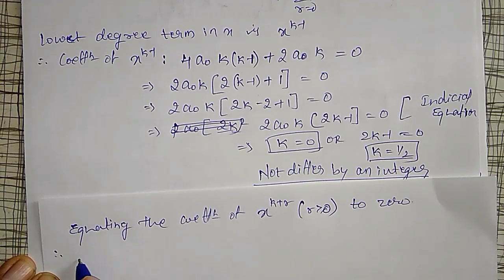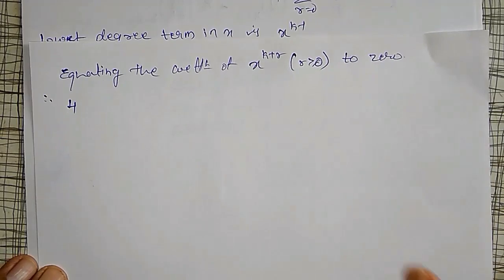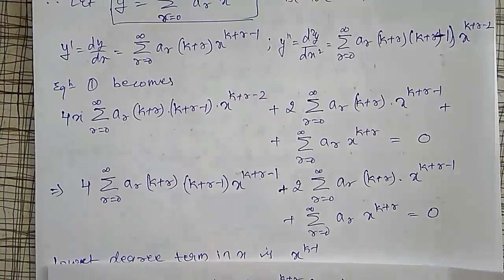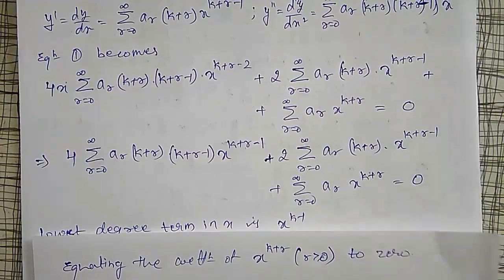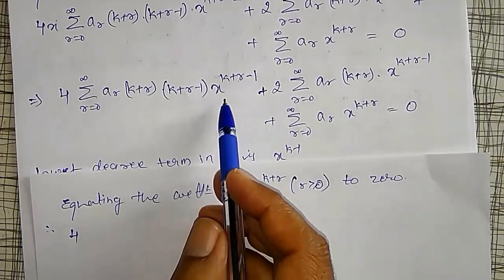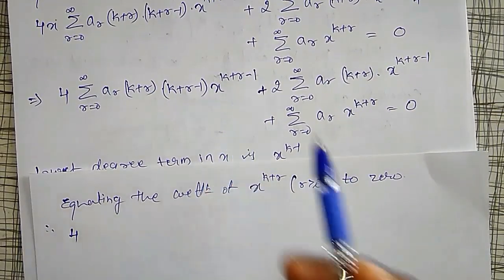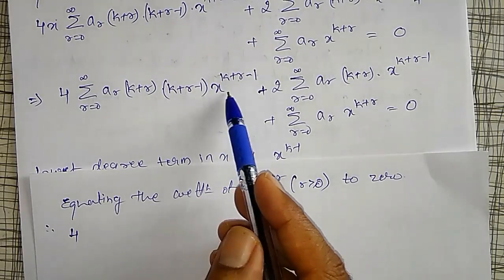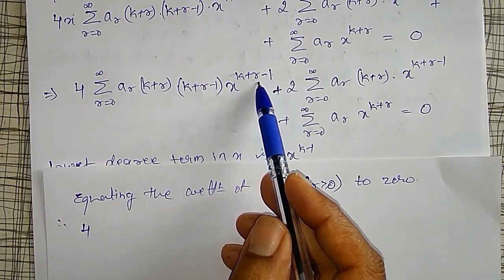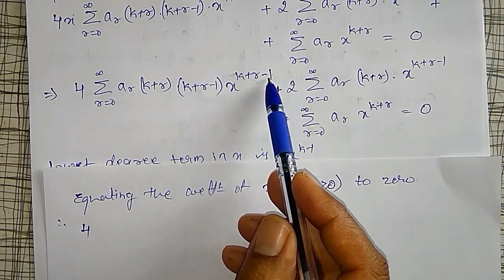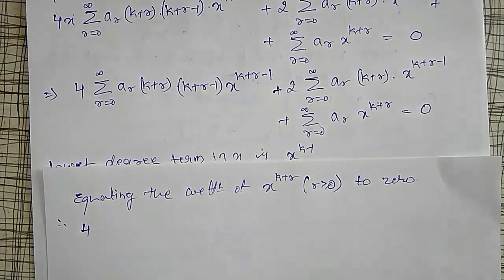Okay, I have to get the coefficient of x to the power k plus r. To get k plus r, I have to substitute r equal to r plus 1. Then the plus 1 and minus 1 will cancel, giving r plus 1.